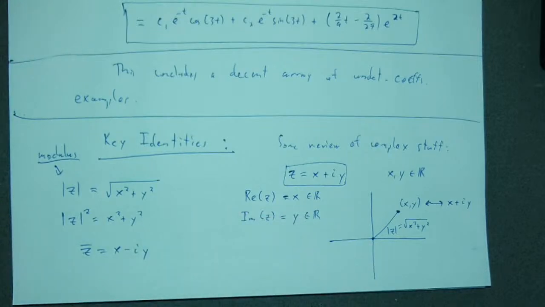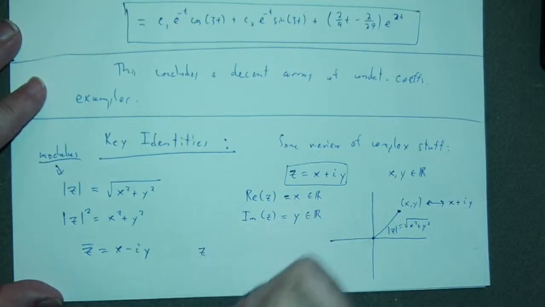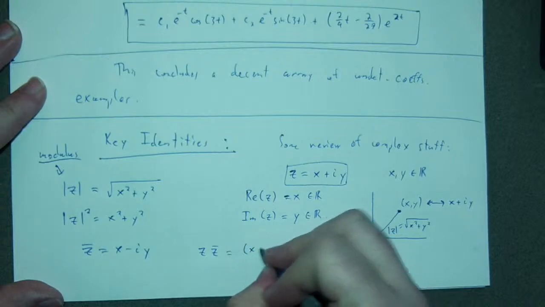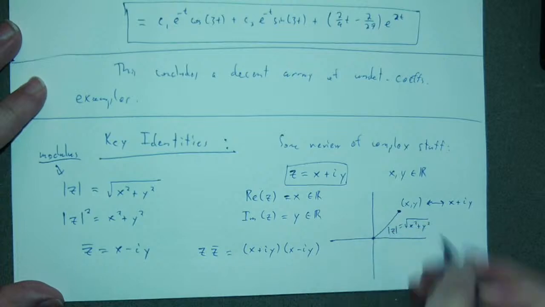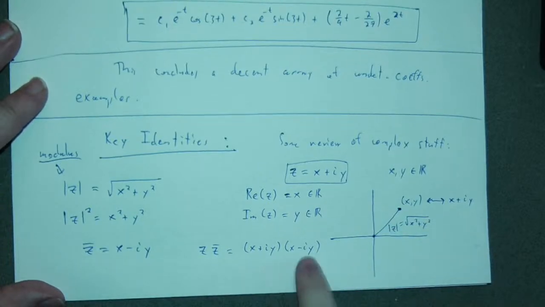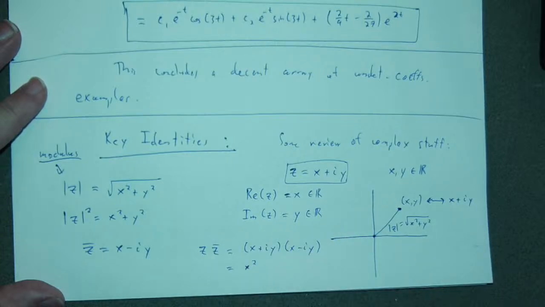If I take any complex number z and multiply it by its conjugate, that's x plus iy times x minus iy. If I multiply this out, the mixed terms cancel, and I just get x squared minus i squared y squared.